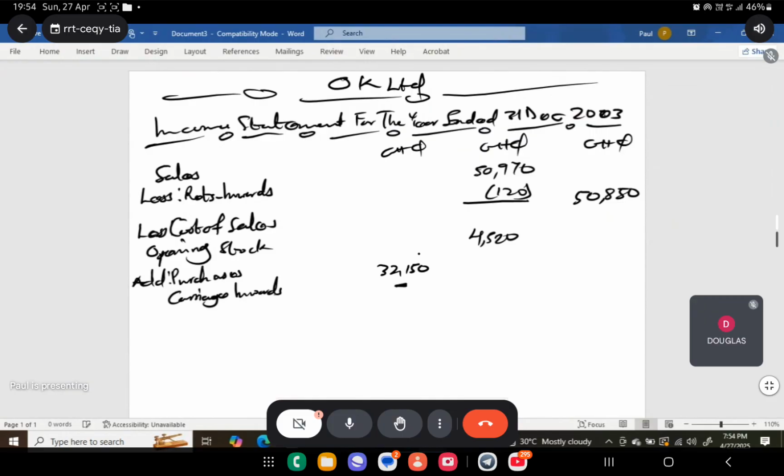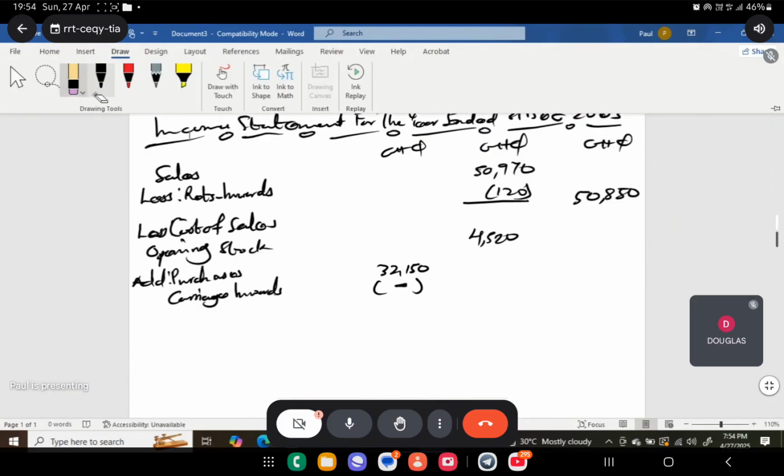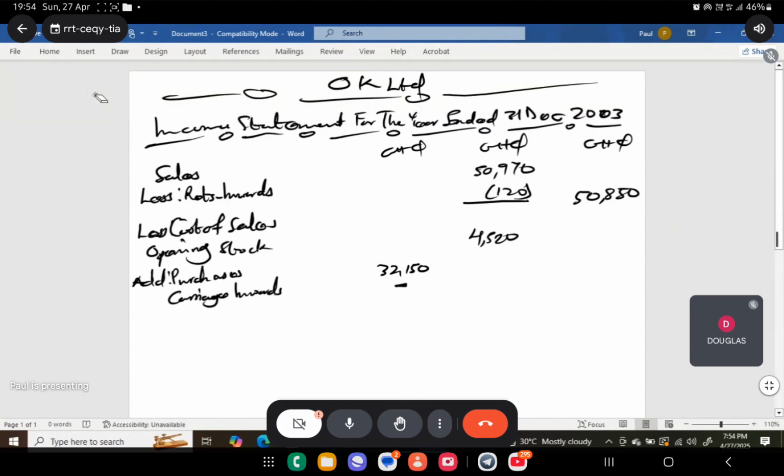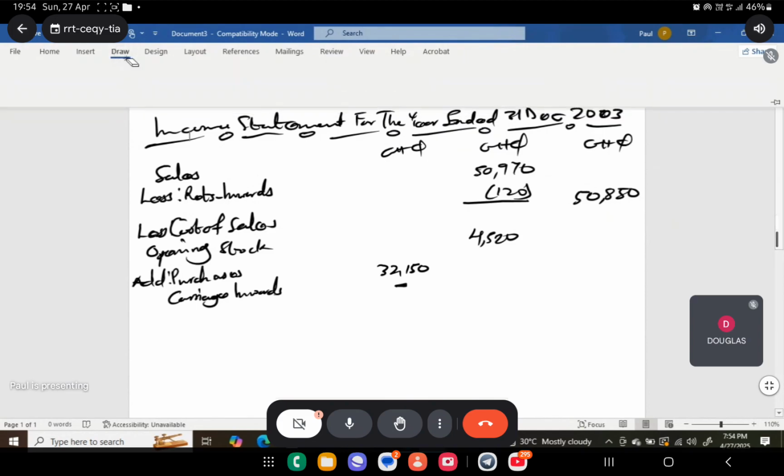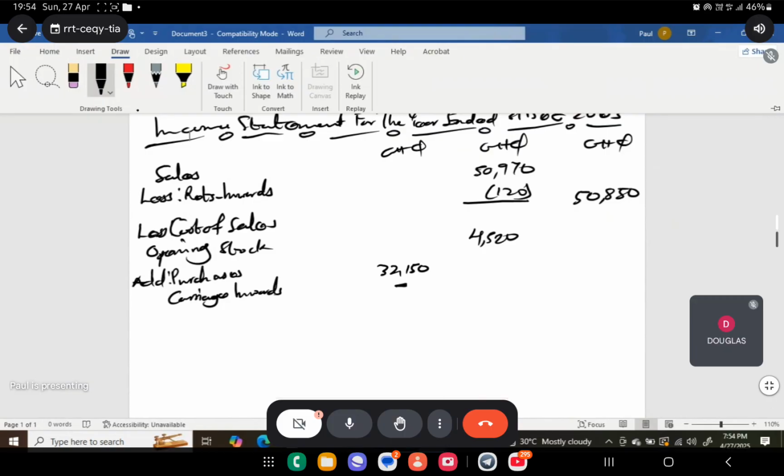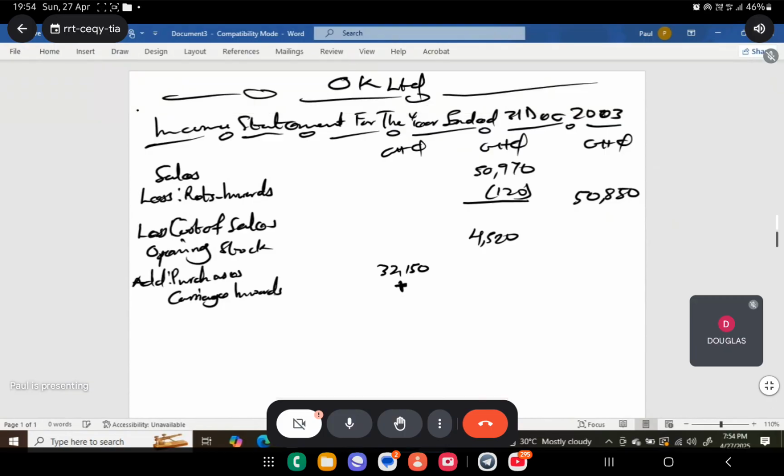In this question, I'm not seeing any cost of that. So that carriage inward should be added. Let me not put it in brackets so that you don't think we are subtracting. So we add it. But here there was nothing like carriage, so this purchases amount will come in.